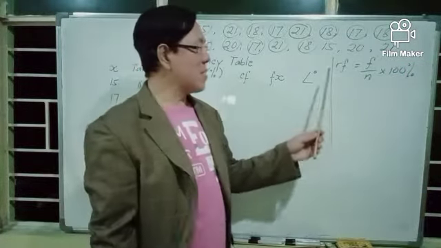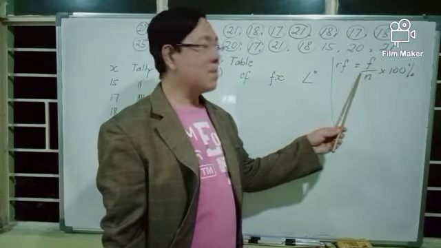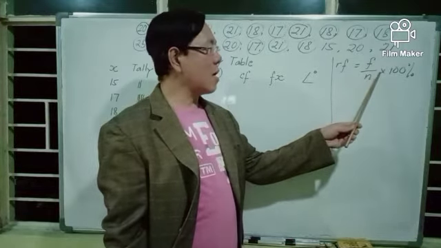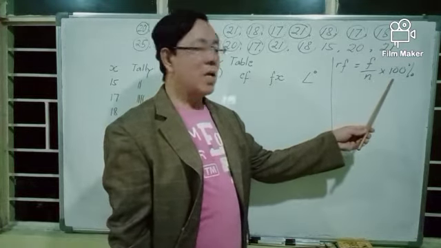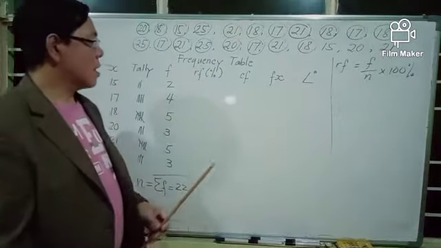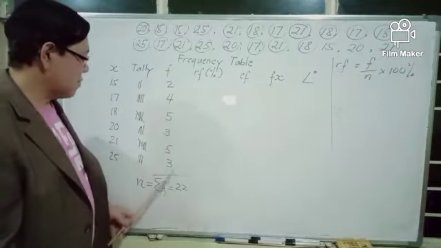The relative frequency, denoted by RF, is computed by this formula. We divide each frequency by the sample size, and the quotient is multiplied by 100%. And we will do that for each of these frequencies.